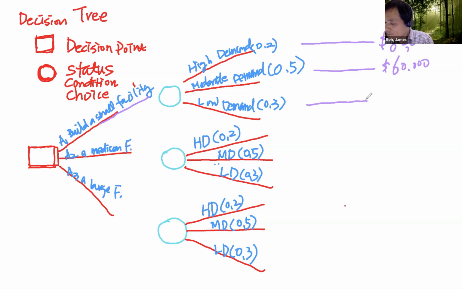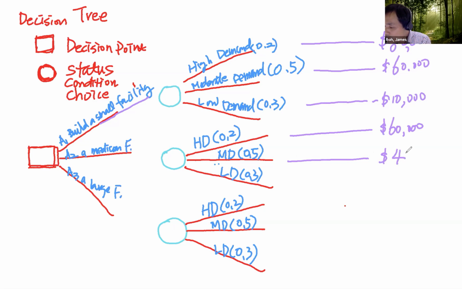And if it's low demand and the small facility, it's actually a loss of negative $10,000. You are losing $10,000. And look at this. Here we have medium facility, high demand, $60,000, and $40,000, and $30,000.